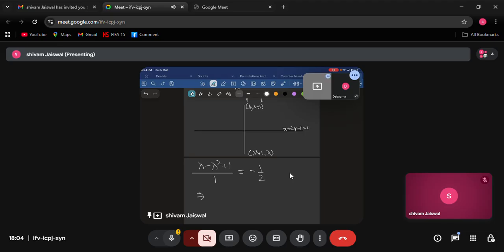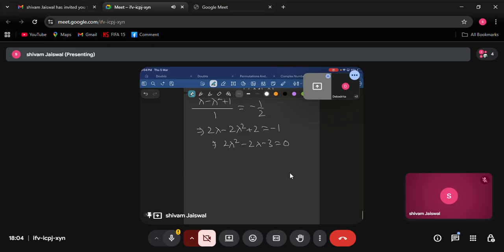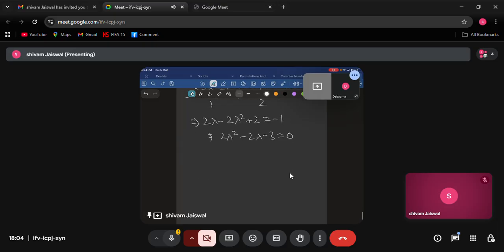This implies two lambda minus 2 lambda square plus 2 is equal to minus 1. This implies 2 lambda square minus 2 lambda minus 3 equal to 0.